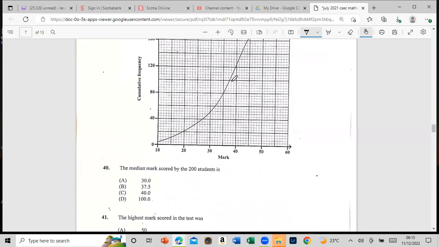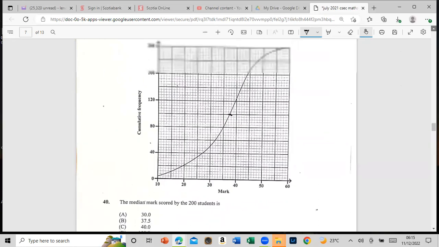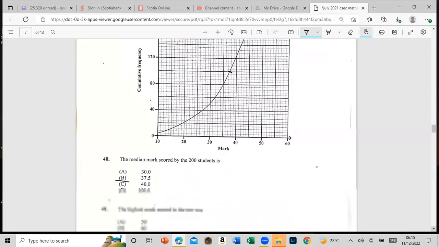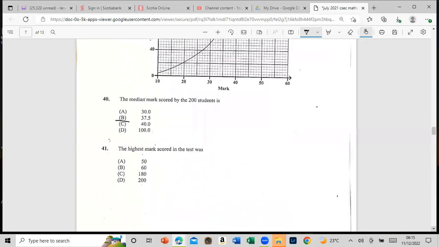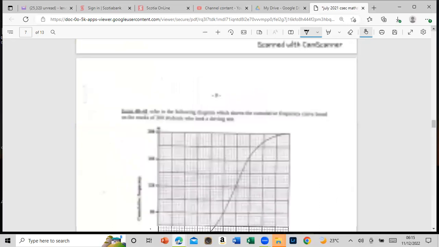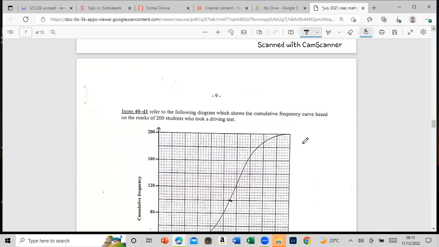Median mark should be there. So that will be 37.5. I don't reach 40, right? The highest mark scored on the test was, so 200. So this would be the highest possible mark. Yes. So it's a 6.